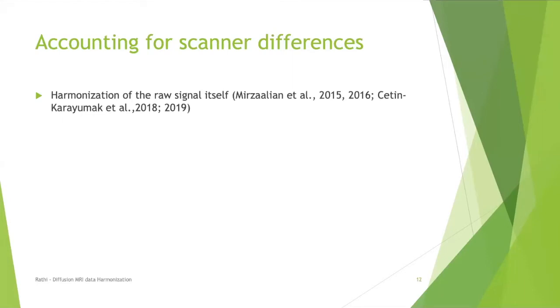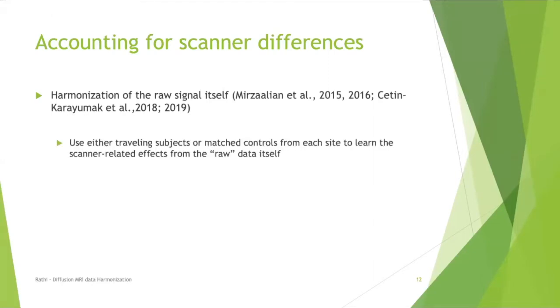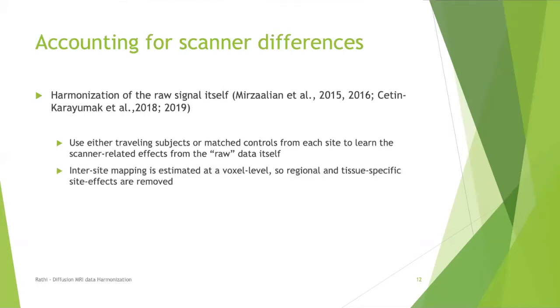And we started to look into this over 5 years ago now, where we looked at this not at the very end of the pipeline, but to harmonize the raw signal coming out of the scanner itself. In this case, you could use either traveling subjects or matched controls to learn a mapping between the 2 sites on the raw data itself.